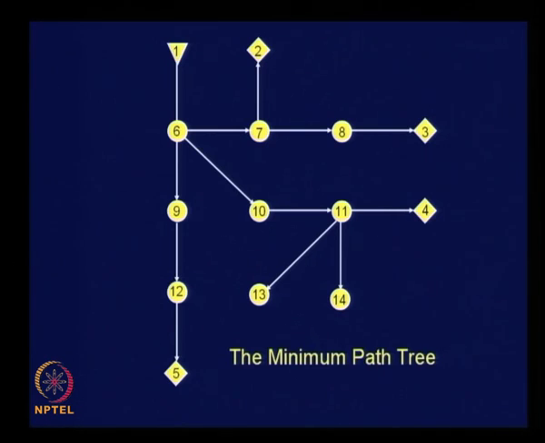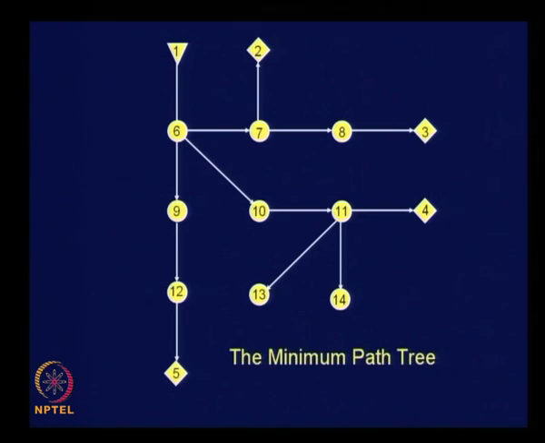So 6 links are not needed to reach out to all the nodes of interest from node 1, right. So this is the minimum path tree. So we will be assigning traffic from 1 to all the other points of interest following this route only as per user equilibrium assignment methodology. Is that clear?